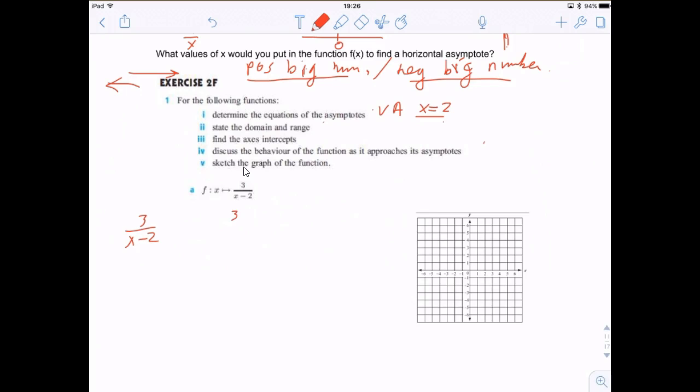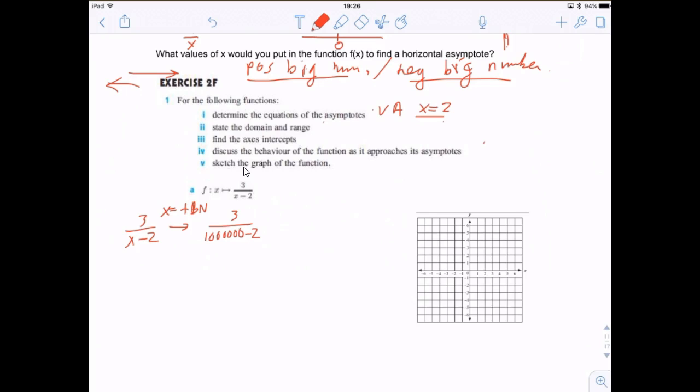So let's put a million: a million minus 2 in the denominator and 3 on top.